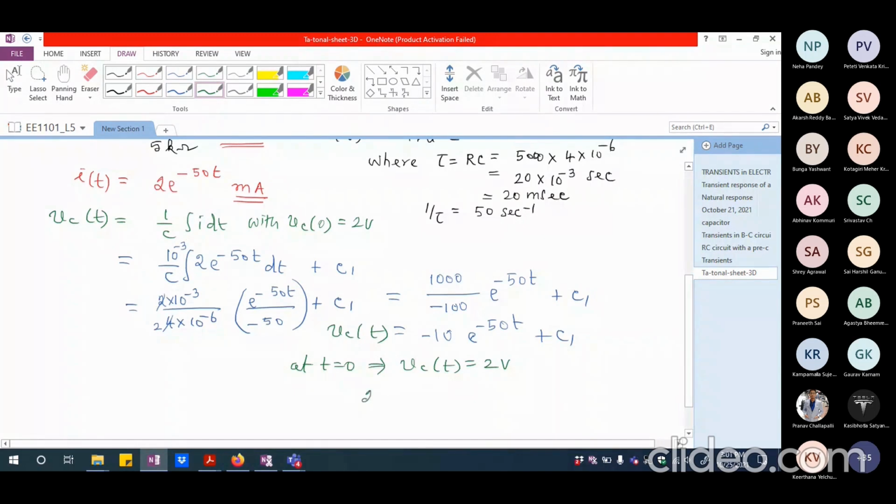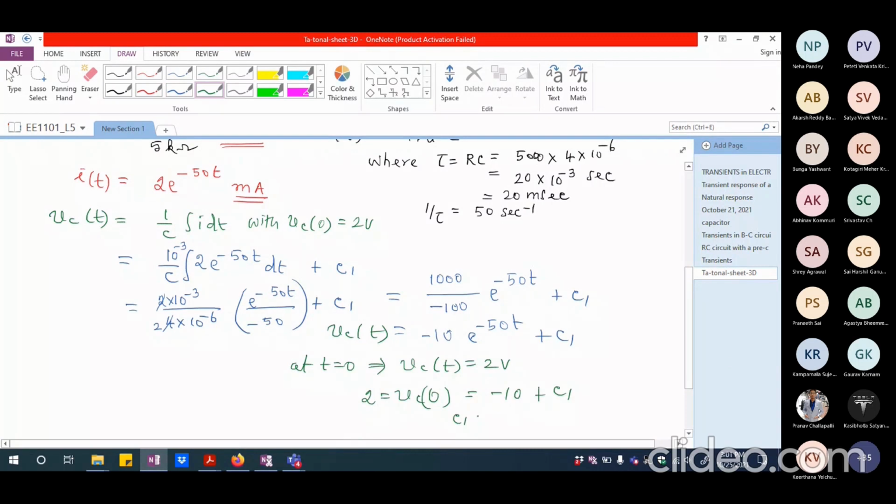So this is 2 equal to Vc of 0, which is 2, equal to minus 10 multiplied by e power minus 50t. E power minus 50t is how much? E power 0 is 1. So I'm going to have minus 10 plus C1.